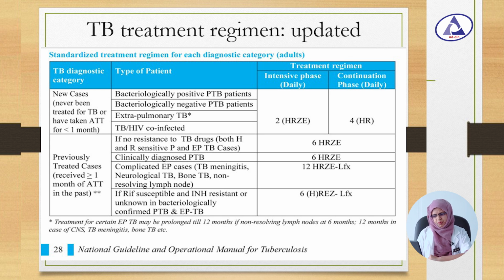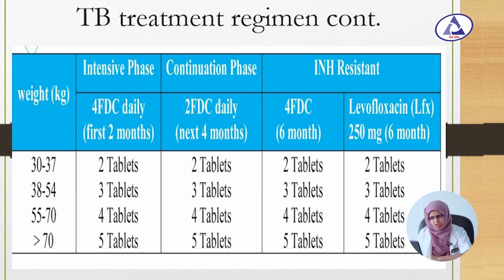And in case of previously treated cases, 4 FDC for 6 months. In case of TB meningitis, bone TB and non-resolving lymph node, 4 FDC for 12 months with levofloxacin. This slide shows the TB treatment regimen according to weight.